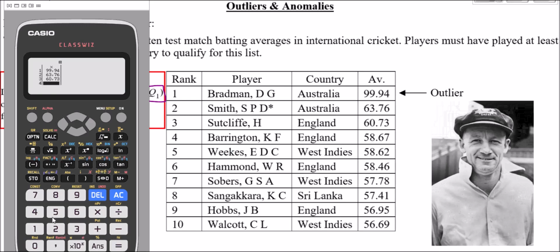Barrington, 58.67. Weeks, 58.62. Next one down, Hammond, 58.46. And 57.78.